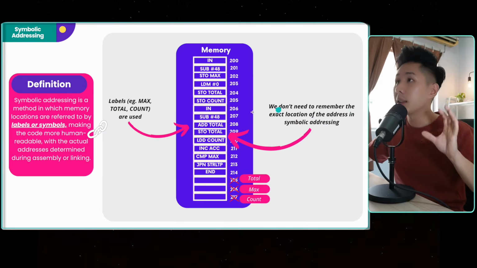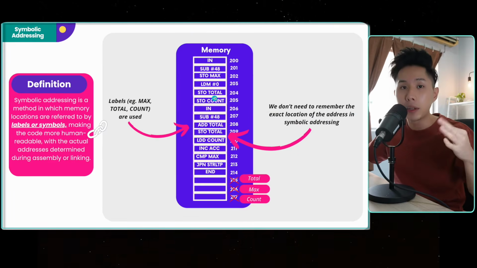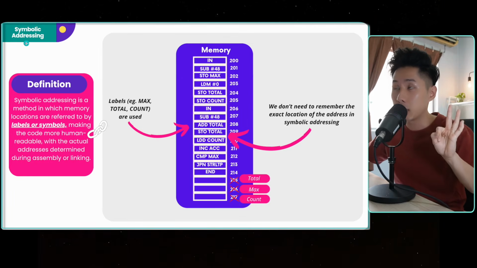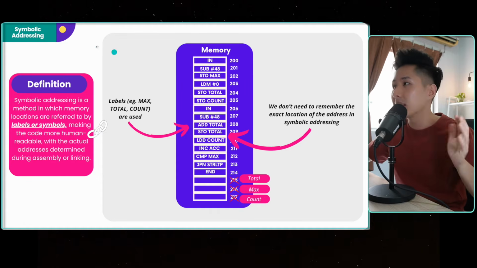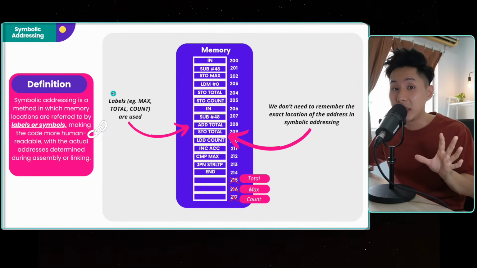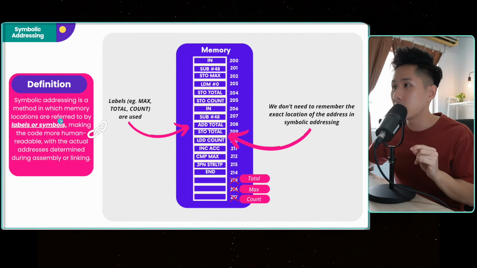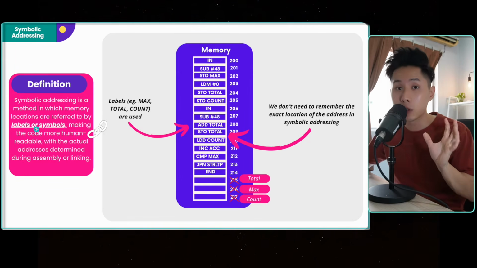All right. So there are 3 different ways we can write assembly language code. So 3 different types of addressing mode: symbolic addressing, absolute, and relative. I'm going to show you what symbolic addressing means first. Symbolic addressing is a method in which memory locations are referred to by labels or symbols.